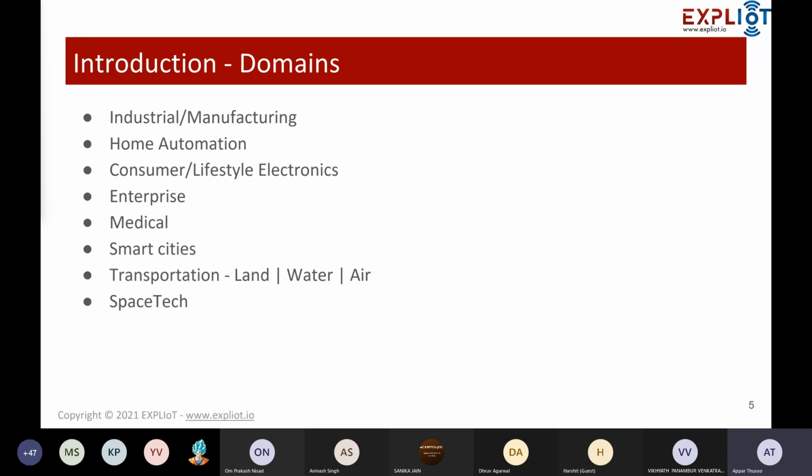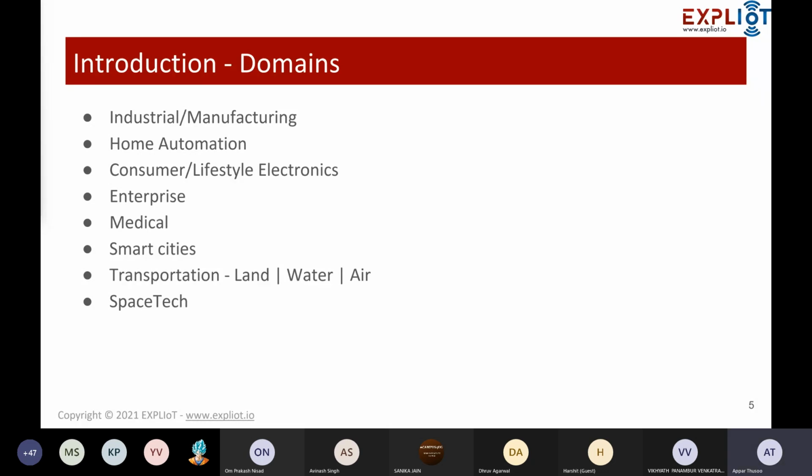I'm sure all of you are aware that IoT is now in almost every domain, starting from industrial or manufacturing to home automation to your consumer or lifestyle electronics. I'm sure all of you must have a smart band or an e-scooter, whatnot.